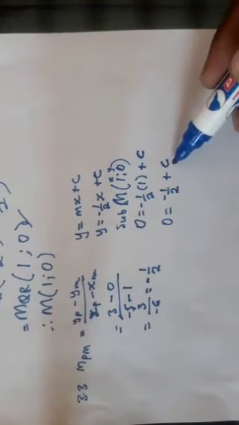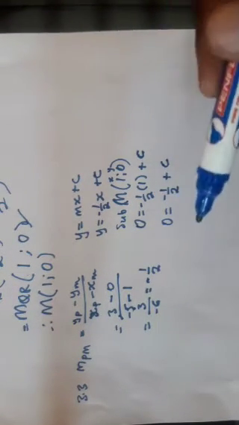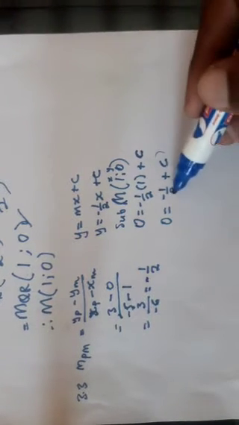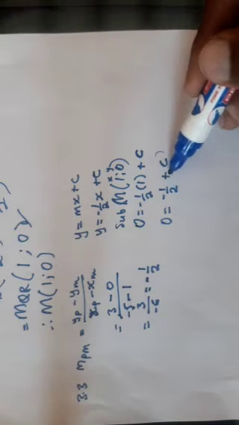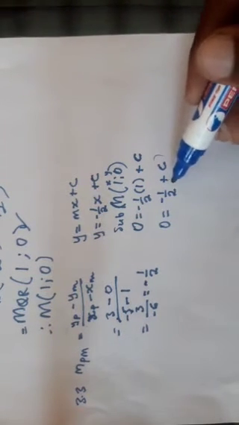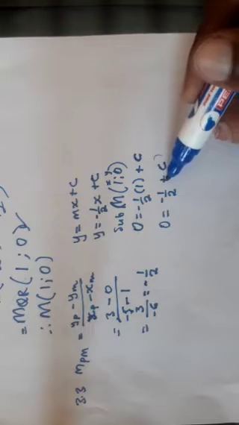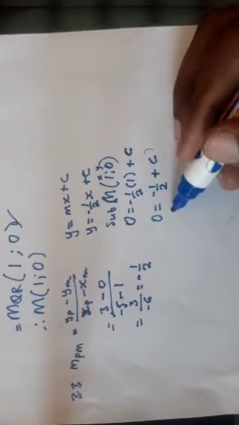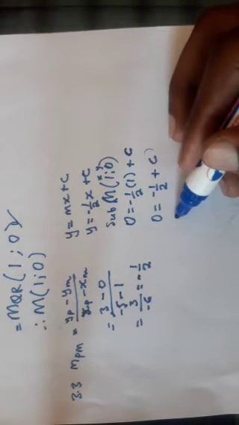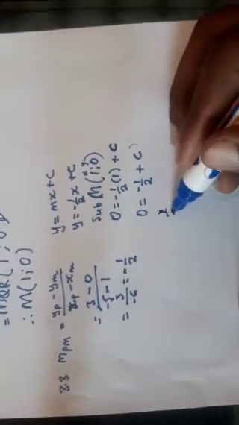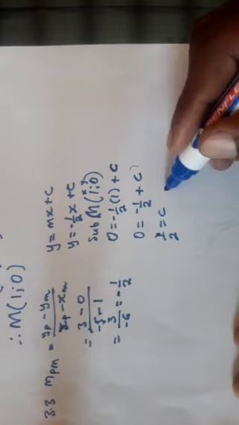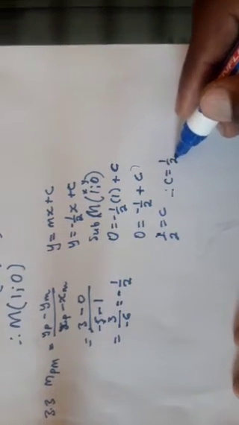Now you can solve for c. Move it to the other side, change the sign, so negative becomes positive, 1 over 2 equals c. So c equals 1 over 2.